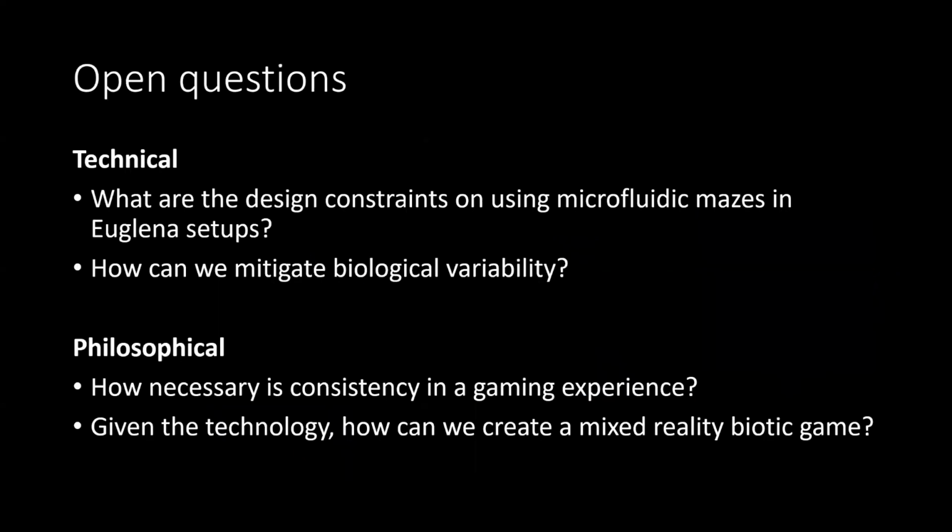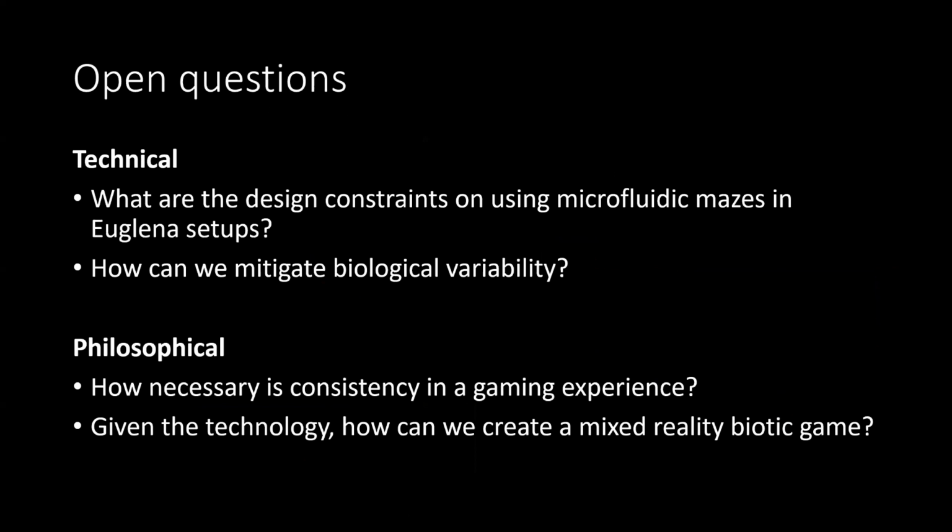Our goal in creating this game was to explore some open questions regarding biotic game design. Some of these questions were technical. For example, what are the design constraints on using microfluidic chips as mazes for Euglena cells? Also, how do we design a game with inherently variable living things to provide enough consistency in the gaming experience to make it enjoyable?